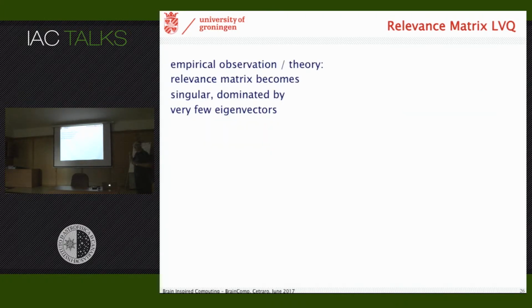Okay. A nice property of the relevance matrix is that it becomes low rank in the training. We have observed that empirically. We have, in the meantime, shown it mathematically that this tendency exists. So in the end, the relevance matrix is dominated by just a few eigenvectors.